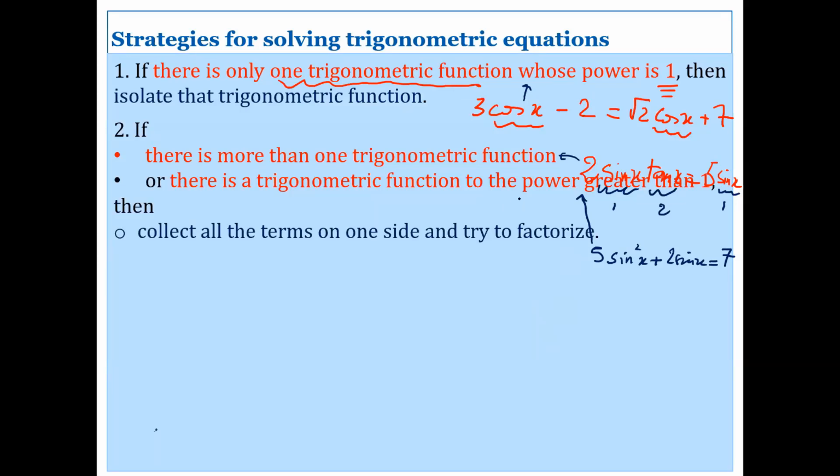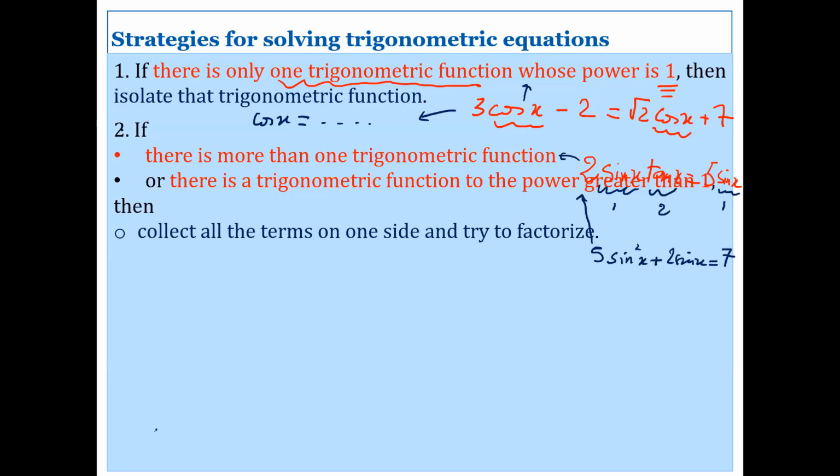So how to solve these equations? For the first type, we have to isolate the trigonometric function on one side, which means we write cosine x on one side, and on the other side we put the constants. Whereas for the second and third kind, we have to collect all terms on one side.